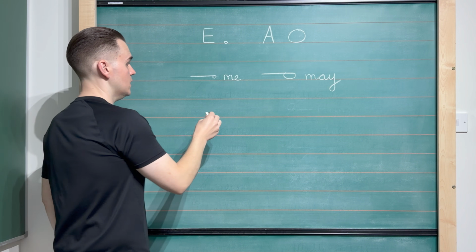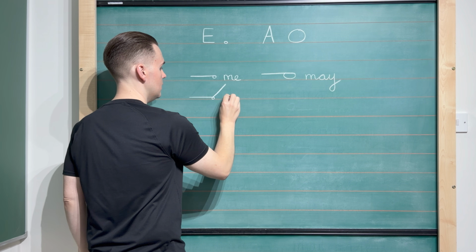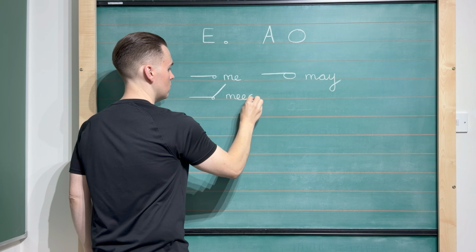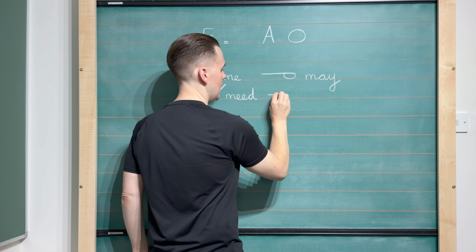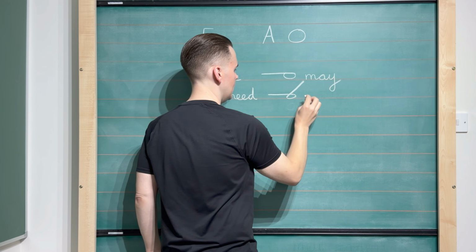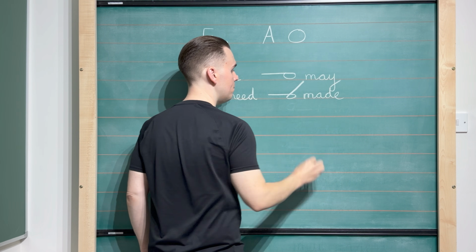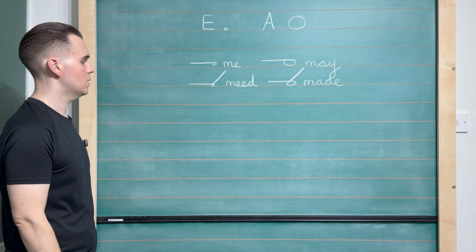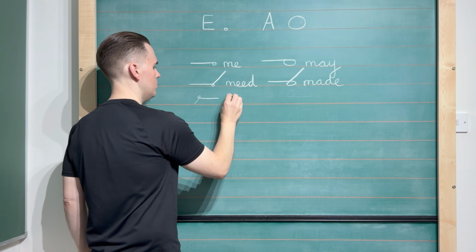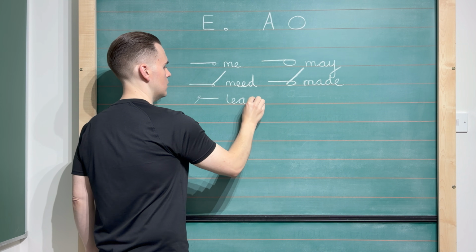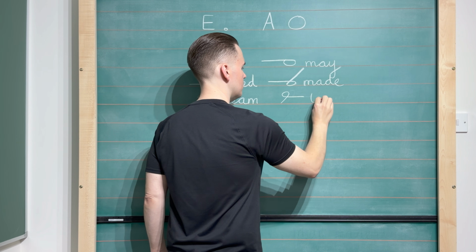Another word we had previously was mead, M-E-D, for mead. So if we now write M-A-D, we have the word made. Team, T-E-M for team, becomes tame.